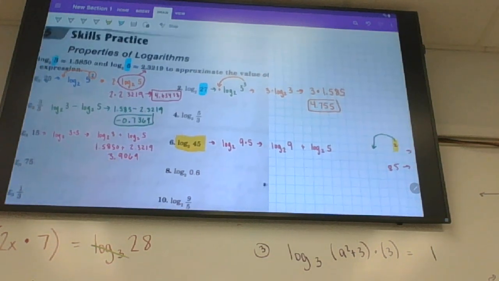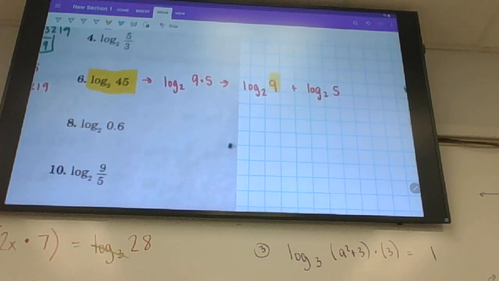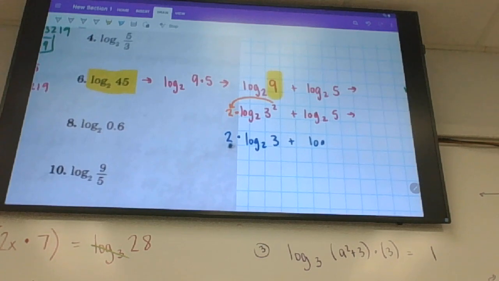I only know 3. So I'm going to now go further and rewrite 9 as 3 squared. And now I'll have to use the power property and put that to the front. And now you're ready to sub in the decimals.